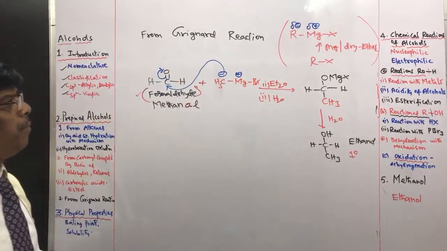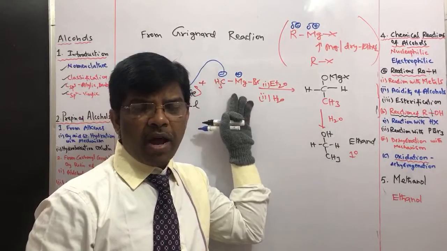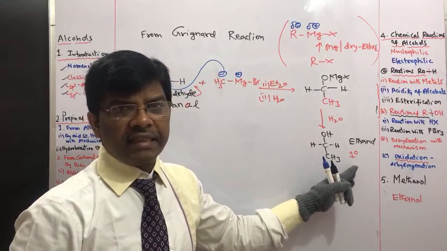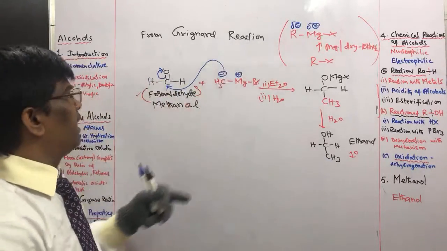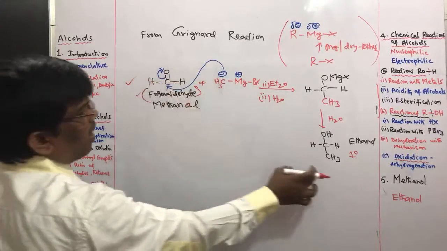Ethanol can be prepared from formaldehyde using methyl magnesium bromide. This is another method of preparation of primary alcohols through alkyl magnesium halide. Only formaldehyde is going to give primary alcohol.